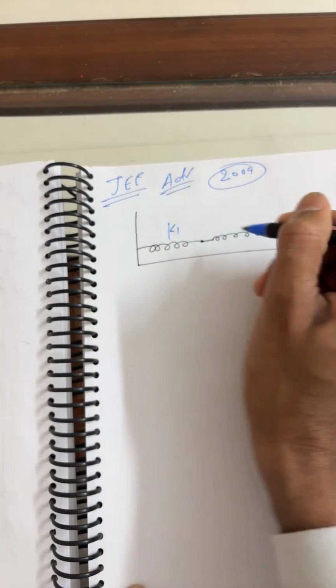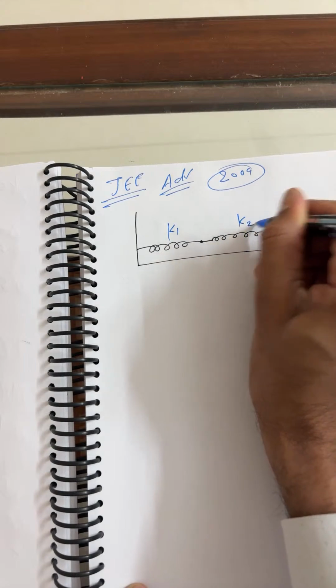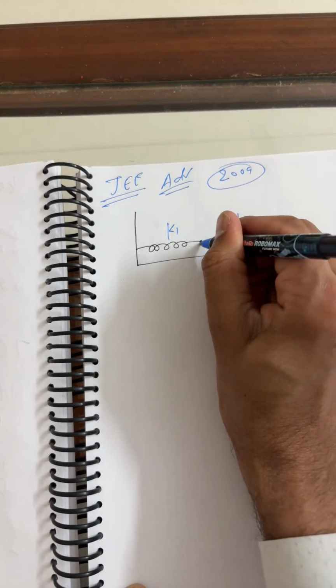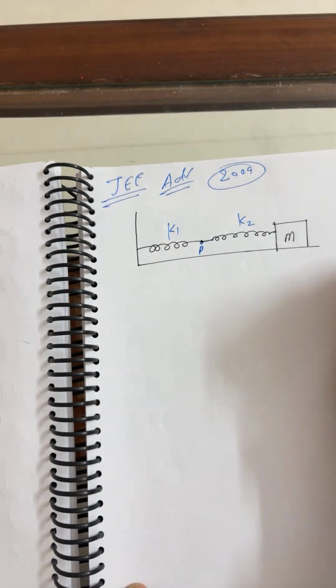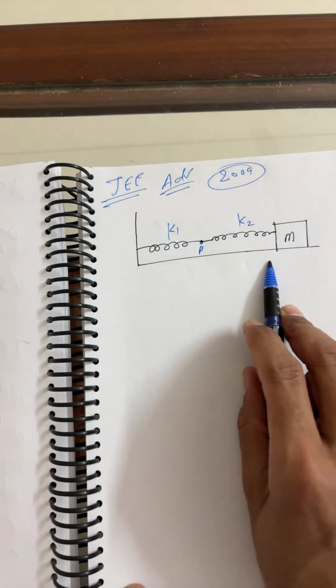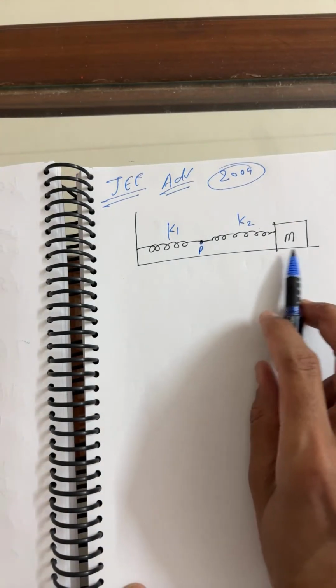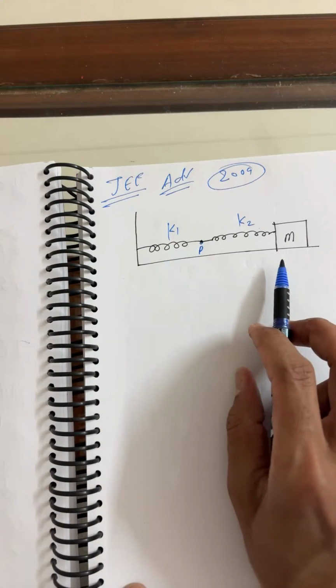Let us suppose this is K1, this is K2. The mass M shown in the figure oscillates in simple harmonic motion with amplitude A.